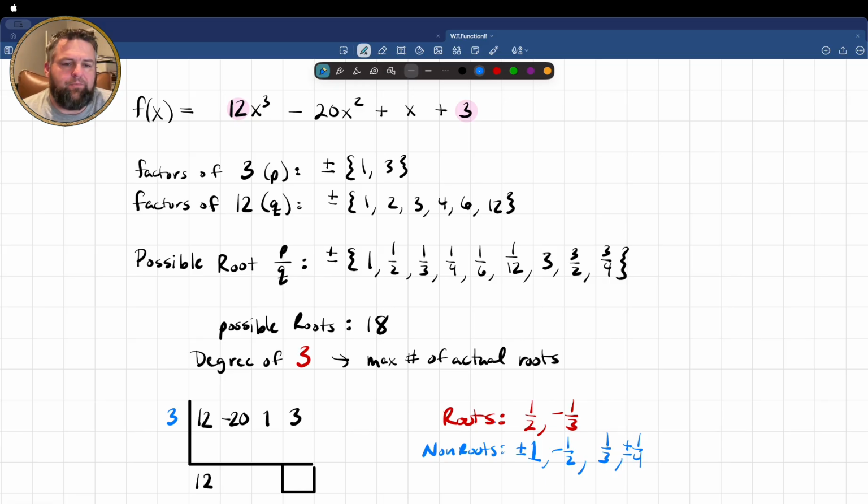Okay, so we're going to go 3, 12 makes 36, and 36 negative 20 makes 16, 3 and 16 makes 48, that makes 49, and you can see that positive 3 is not going to be one of them either.